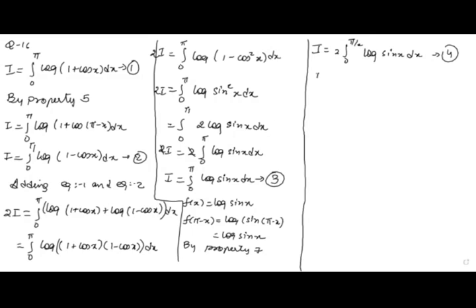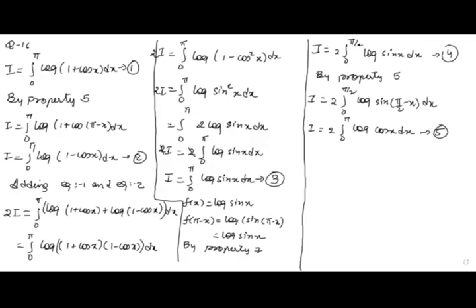Now, by the property, I can replace this x with pi by 2 minus x in log sin x dx. So this will be log cos x dx. Give this as 5.